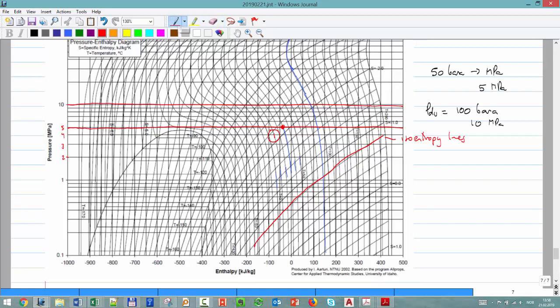That's why this chart is so powerful. So we come here and we find that point. Ideally, if I have no losses, I use all the power just to compress the fluid, I will reach that point, number 2.